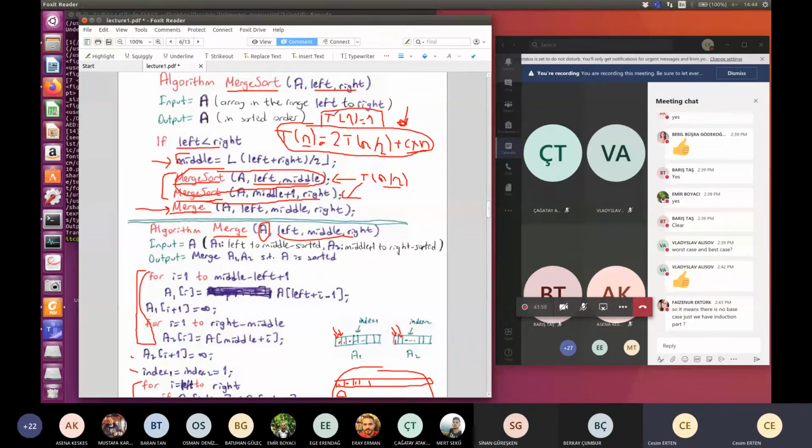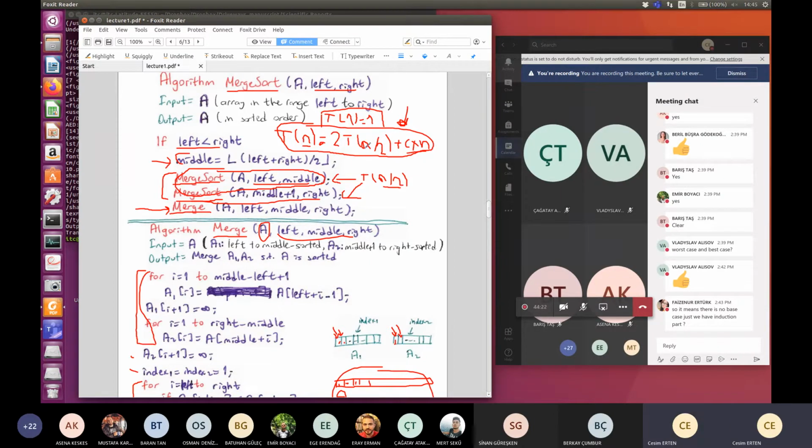So the question was, why don't we just leave it here? Why don't we just say that we have analyzed the running time and this is the recurrence describing the running time? Because by just looking at this recurrence relation, by just looking at this definition, we cannot tell how big or how small T of n is.